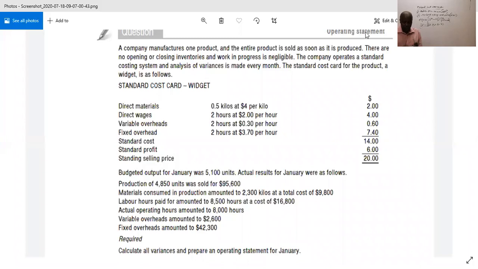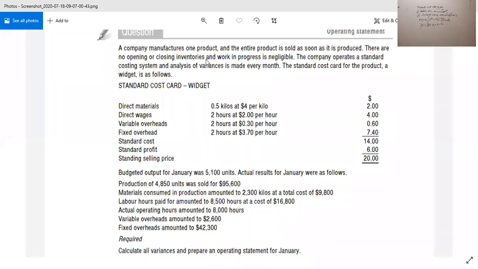Immediately after the first paragraph, we are told that the company operates a standard costing system and analysis of variances is made every month. Then they have given us the standard cost card for the product, which is a widget.